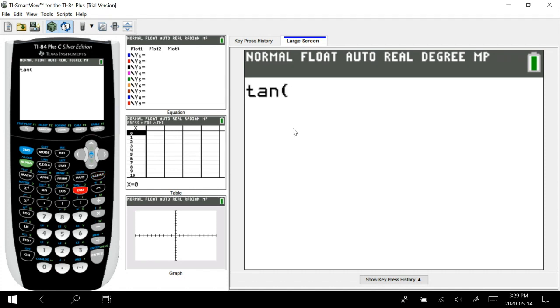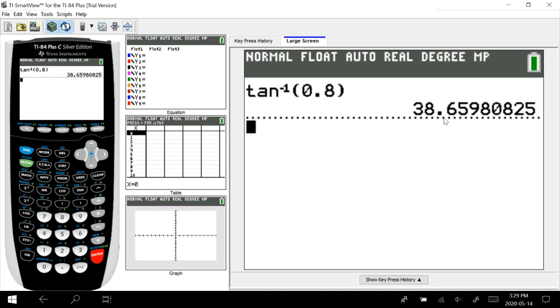So if I press that, we just get a tan. But I want the inverse tangent. So you can see up here, it looks like a tan to the power of -1. So in order to get that, we want to hit second, then tangent. And we can type in 0.8 and just close that off with a bracket. And we end up getting 38.65. Let's round that up to 39.